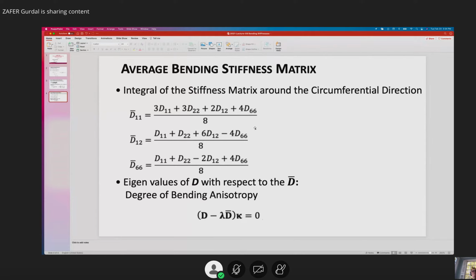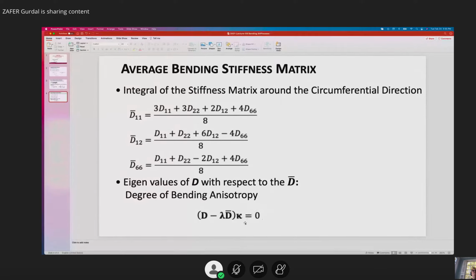Then once we have the D bar matrix, for any given D matrix, we can compute the eigenvalues with respect to the average value of D, and the minimum value of the eigenvalue will give you the degree of anisotropy compared to the isotropic.